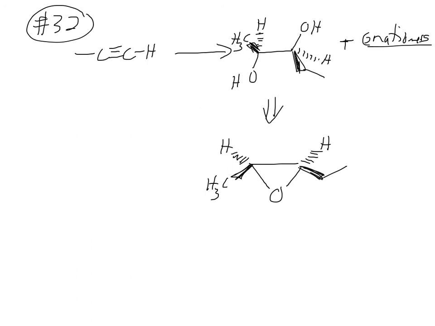So if we just want to add another OH, I'm just going to show you this right now. What you'd want to do is add in an OH minus, because the OH minus is just going to attack here, open this up, and you get the diol.